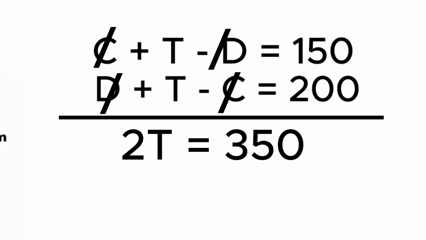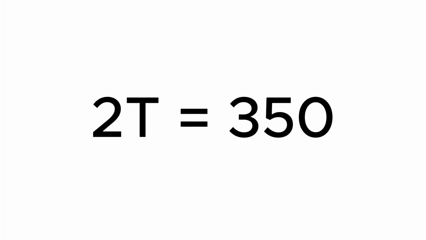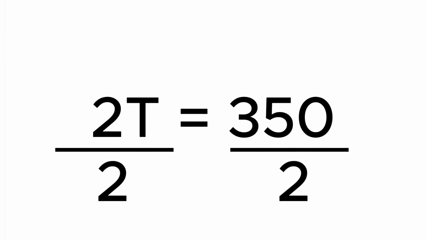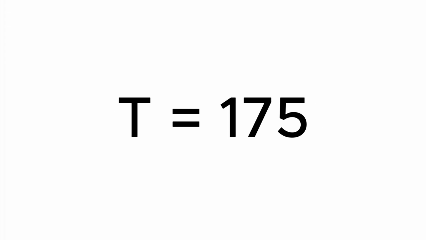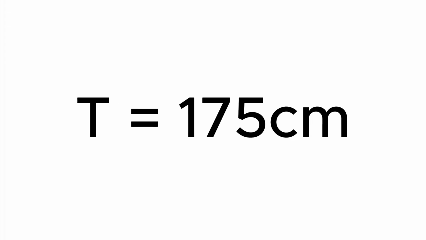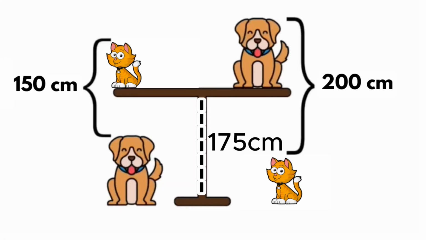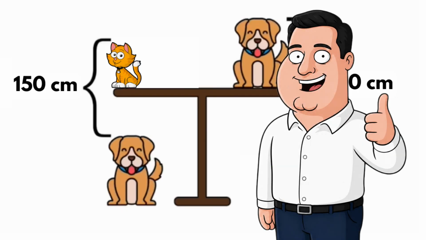So now we have the third equation: 2t is equal to 350. We can divide both sides by 2 and end up with t is equal to 175 centimeters. So we finally arrive at the conclusion that the table is 175 centimeters tall. And now I want to congratulate you on solving the problem.